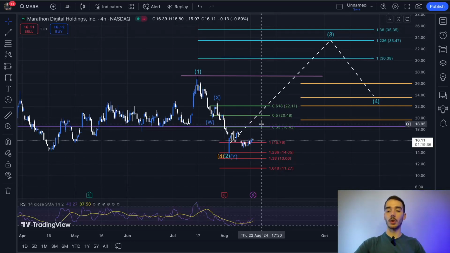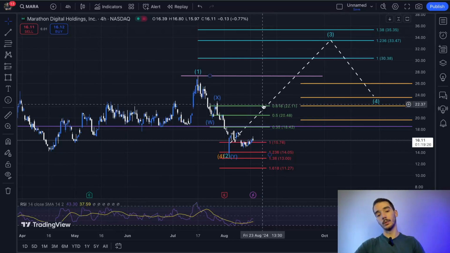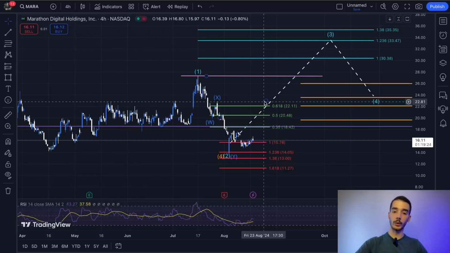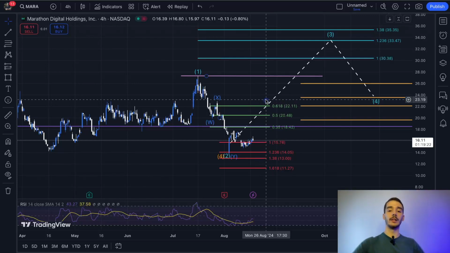Then second level confirmation is we finally break above the 0.618 right here. And then we hold above it. So that means break above it and then retest it, but not break below it. We hold above it. If I can see, also hold above that area. And usually this one can happen very quickly.